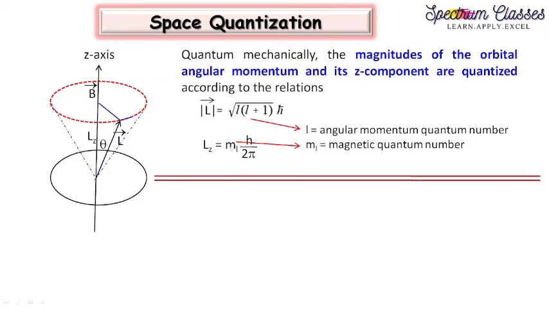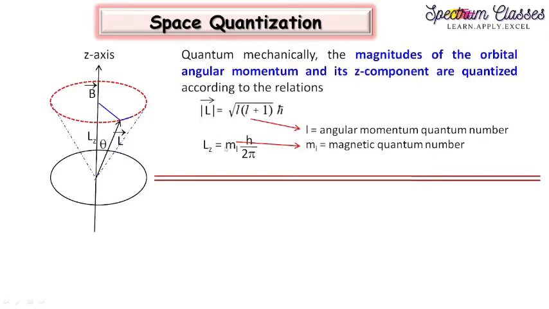Here you may have a question: why have we written only L and the Lz component? Why not Lx and Ly? Can we write that? Yes, we can write. At one time we can write L and Lz, or Lx, or Ly. Simultaneously we cannot write Lx, Ly, Lz, right?